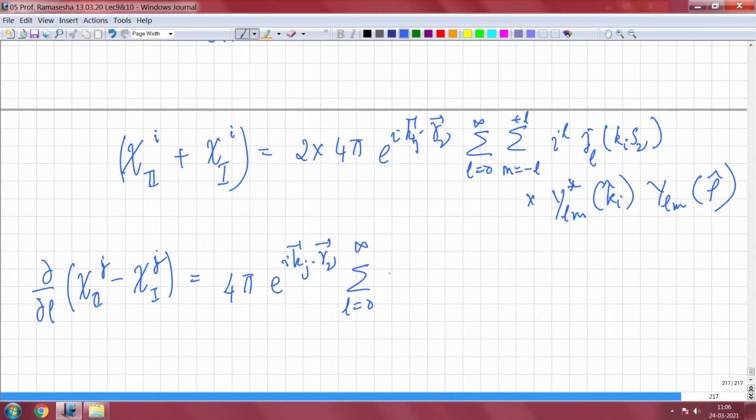The terms that are not dependent upon the distance, or the rho, we will take out here: j L k i, j L k j s nu, Y L M star k j, the angular part, Y L M rho the angular part of rho, and then the differential, which is k j.